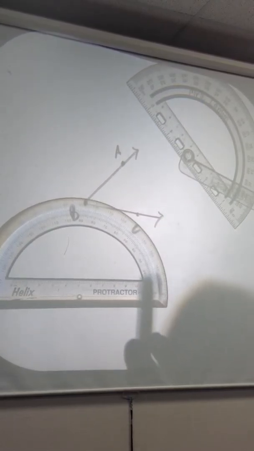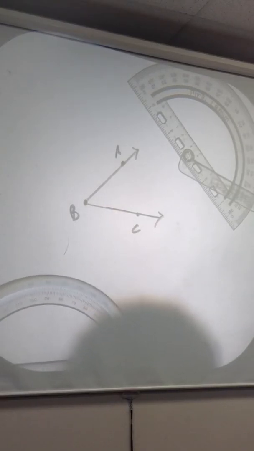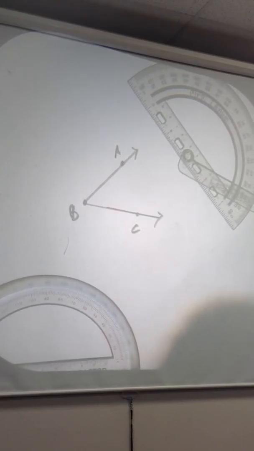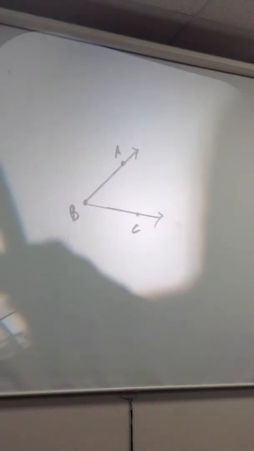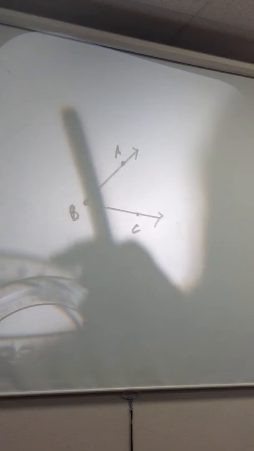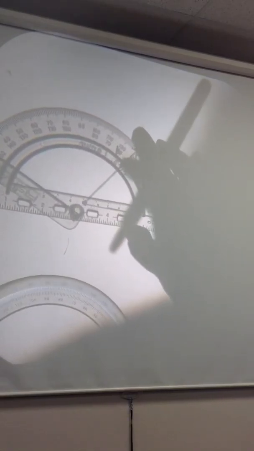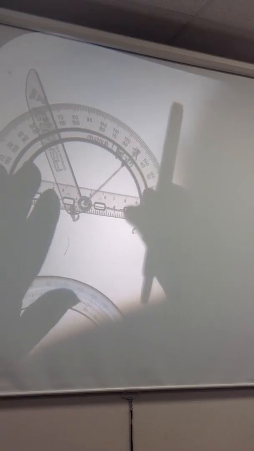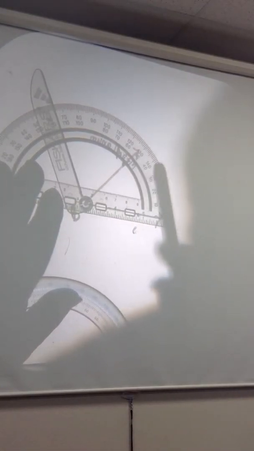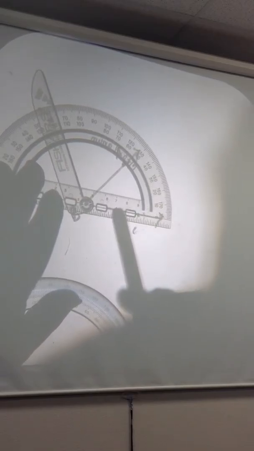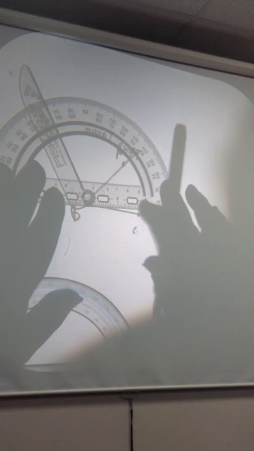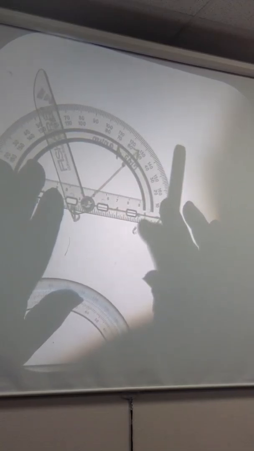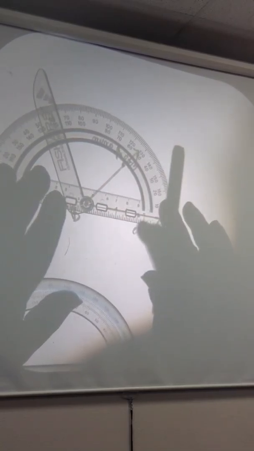So if you were going to measure an angle like this one, by the way, there's lots of other kinds of protractors too. If we were going to measure this angle, we put the 0 point right on, you see it? And then there's a line here. You see these lines? Okay? They have to go right along the ray of the arrow.